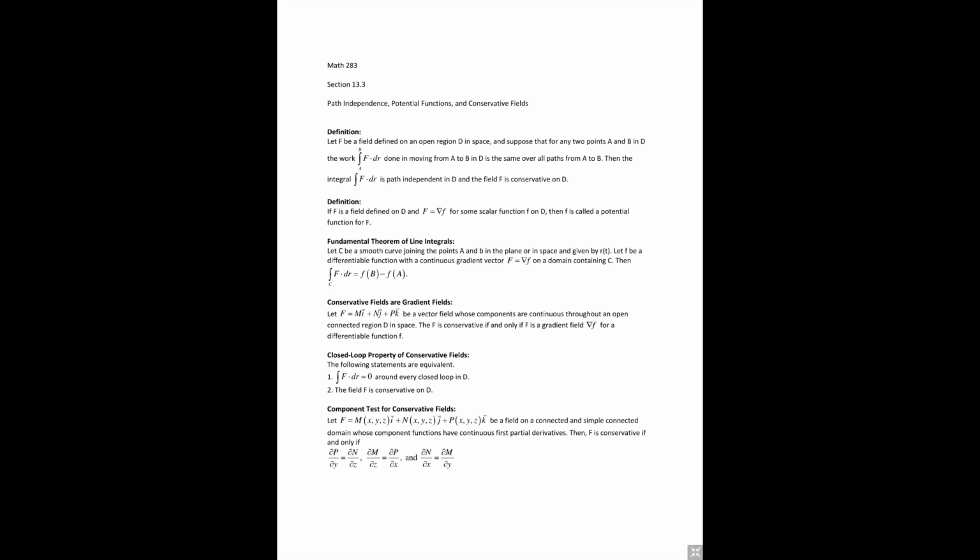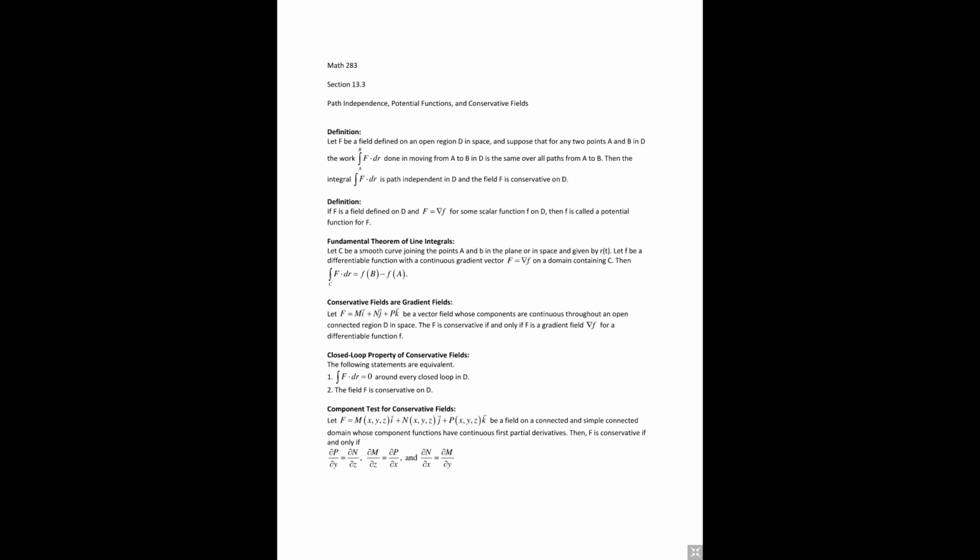Okay. Closed loop properties of a conservative field. If you take the integral of the field F dotted with dr around a closed loop, it should be equal to 0. So that means it holds for every loop in D, and the field has to be conservative.